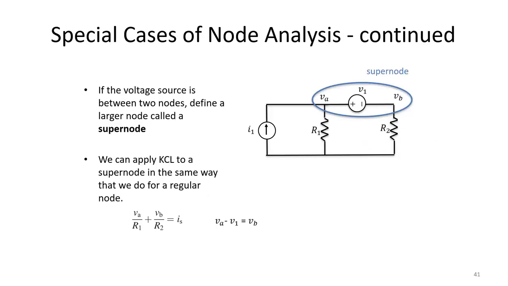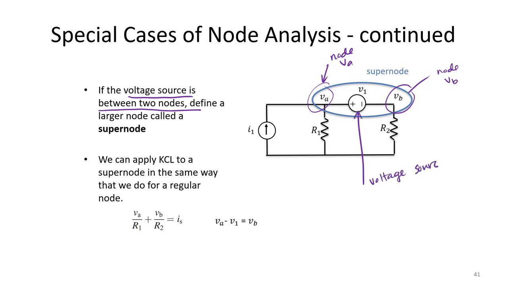Another special case of node analysis is when we have a voltage source between two nodes. So notice here's one node with a voltage VA, and the second node with a voltage VB. This voltage source is between two nodes.